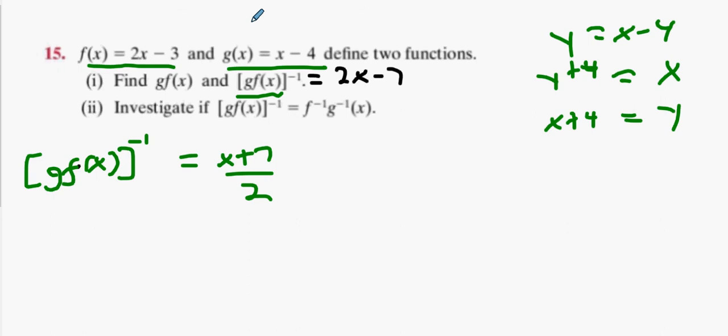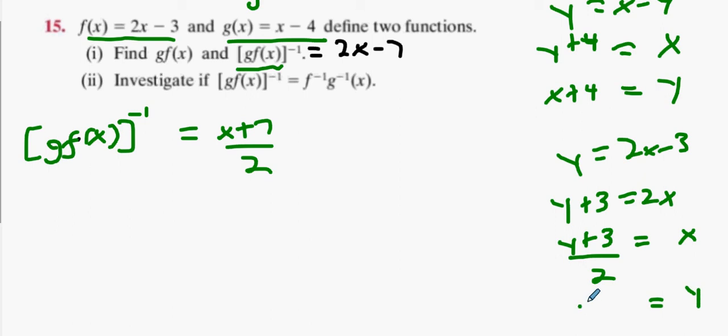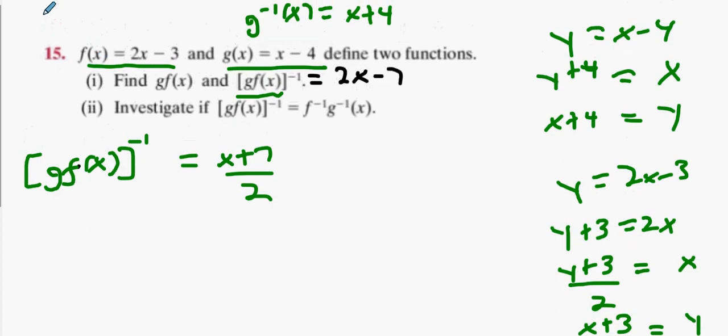So g inverse of x is x plus 4. Next one, y equals 2x minus 3, y plus 3 equals 2x, x equals y plus 3 over 2. Interchange, and you're done. So in this case, f inverse is what? x plus 3 over 2.